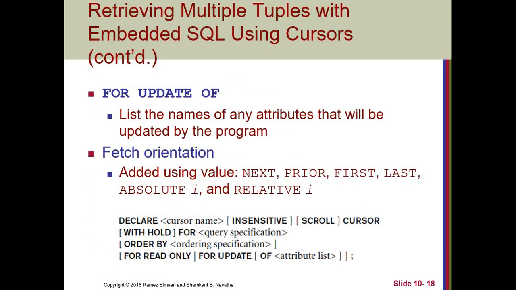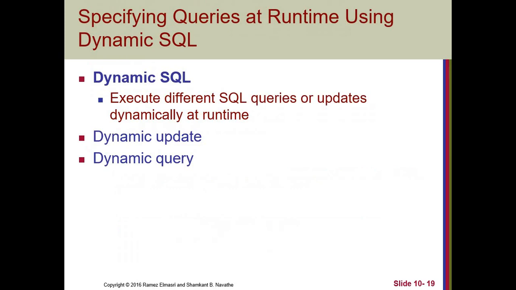Here is an explanation of the elements associated with the declare, withhold for, order by, and for read only for update of commands. You have seen order by in previous chapters.